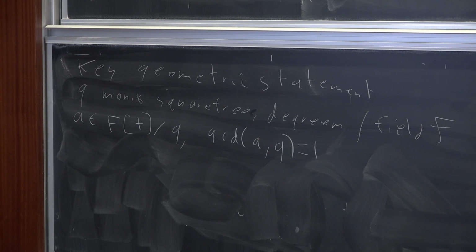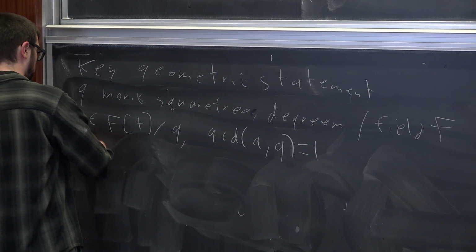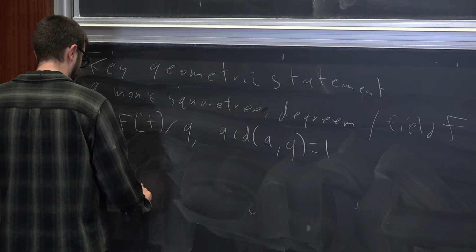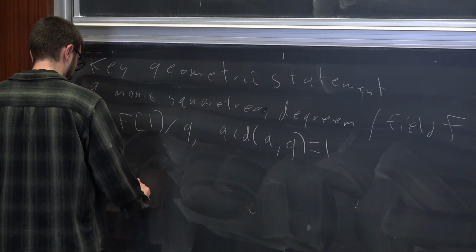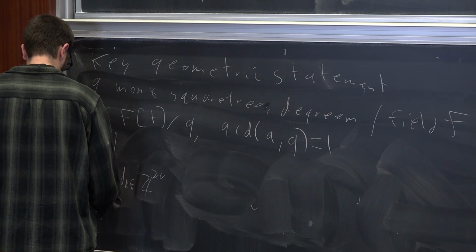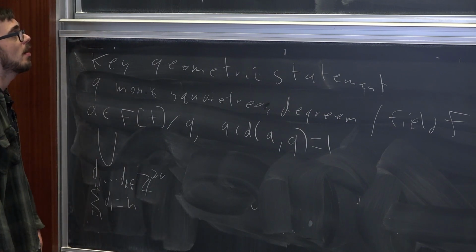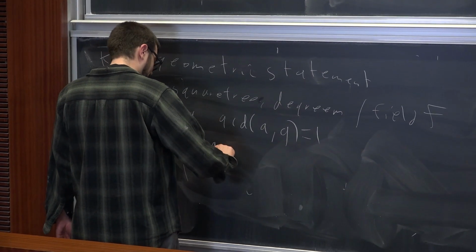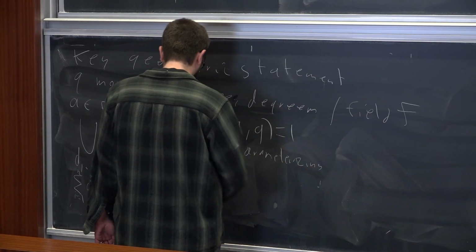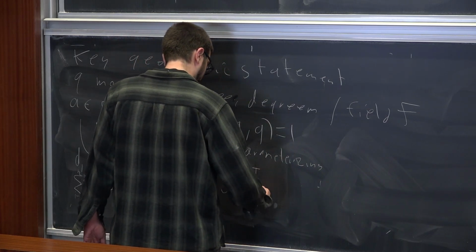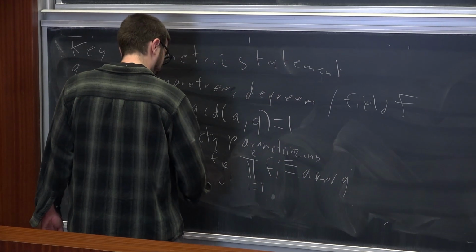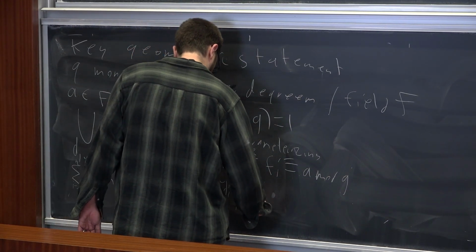And we're going to look now at the union of d1 through dk in non-negative integers whose sum is n of the variety parameterizing tuples of polynomials f1 through fk whose product is congruent to A modulo G, with degree f_i equal to d_i, monic.